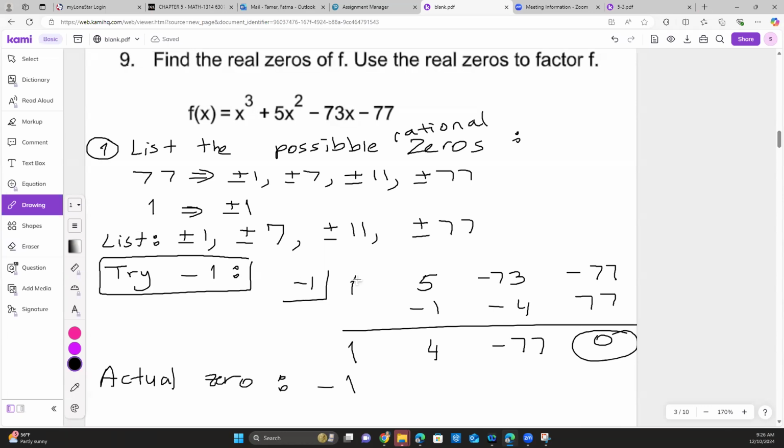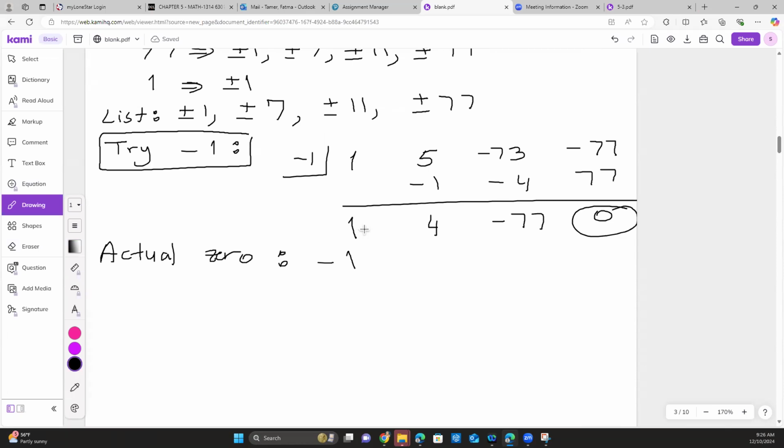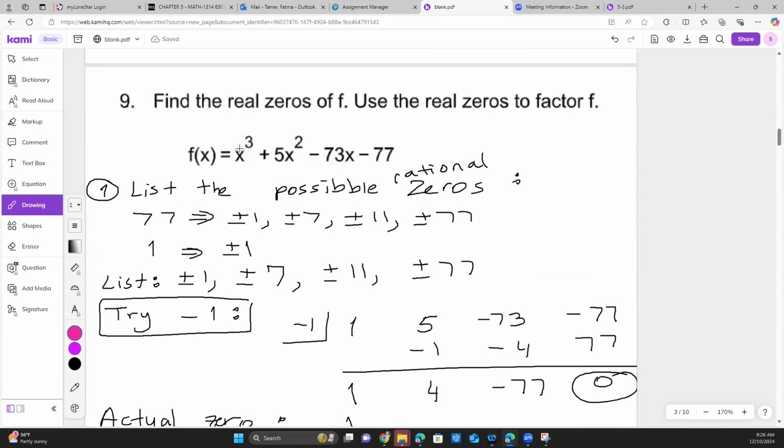Now, once the synthetic division is over, these numbers will create something called a depressed polynomial. So now the polynomial we have is of less degree than the original problem. The original problem had x to the third power, which means that it's going to have 3 zeros, right?